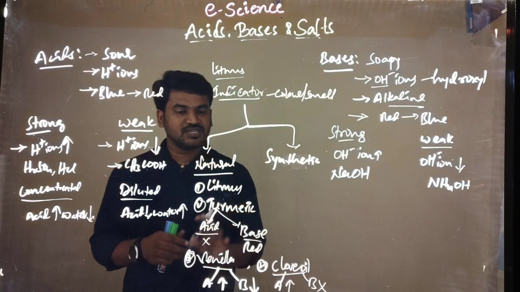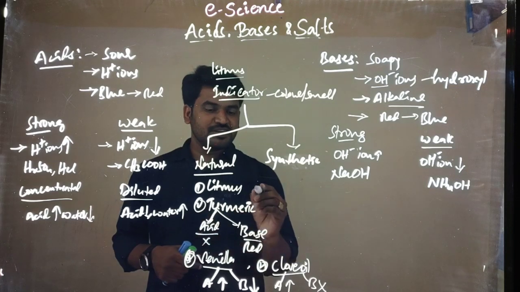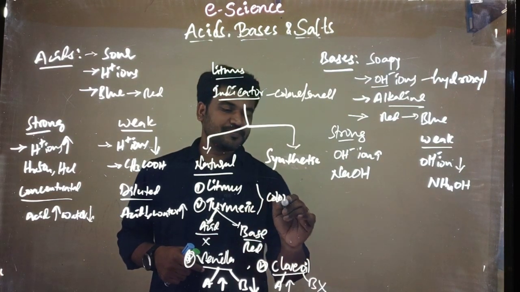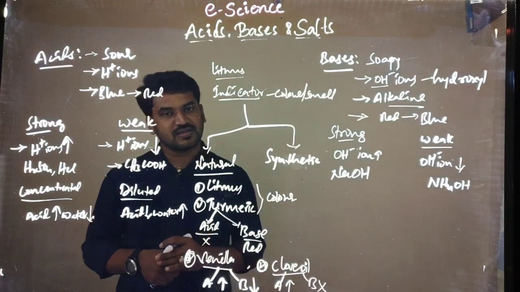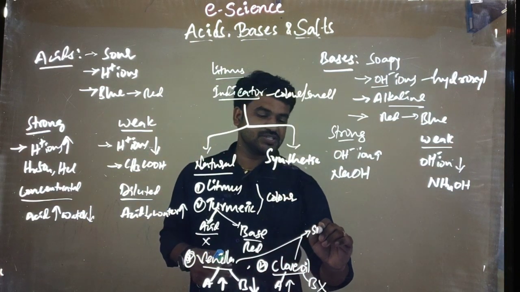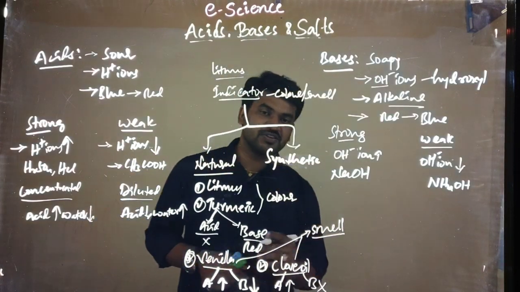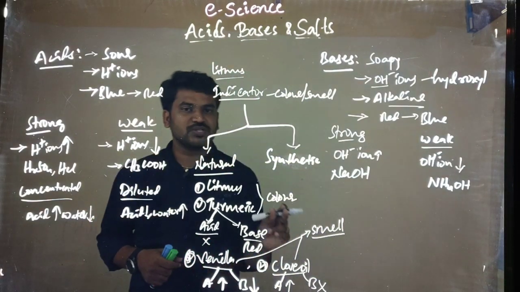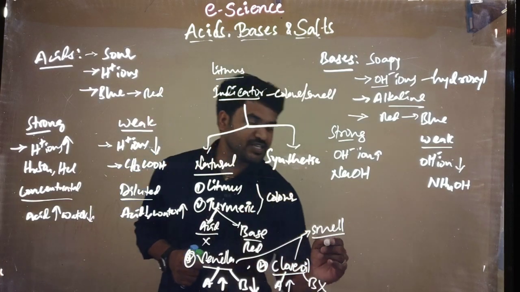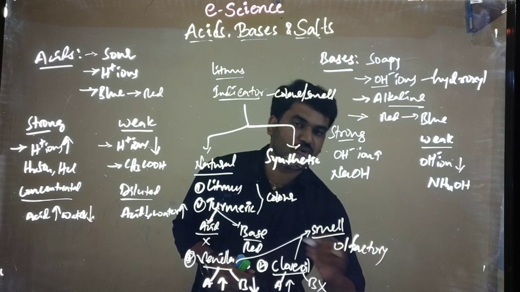Now you will see this litmus and turmeric show the change in color, whereas vanilla and clove oil show the change in smell, okay?